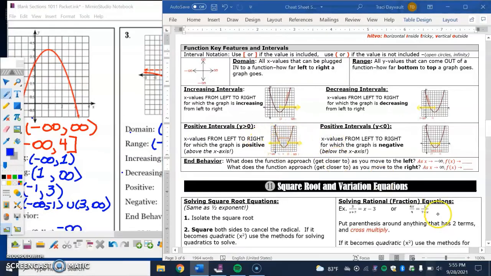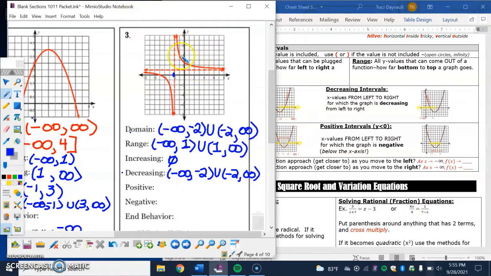Positive intervals, we're looking at where it is above the x-axis. So let's take a look at where this graph is above the x-axis. I see it's above the x-axis here, and it's above the x-axis here. By the way, these dotted lines are not counted as part of the function.